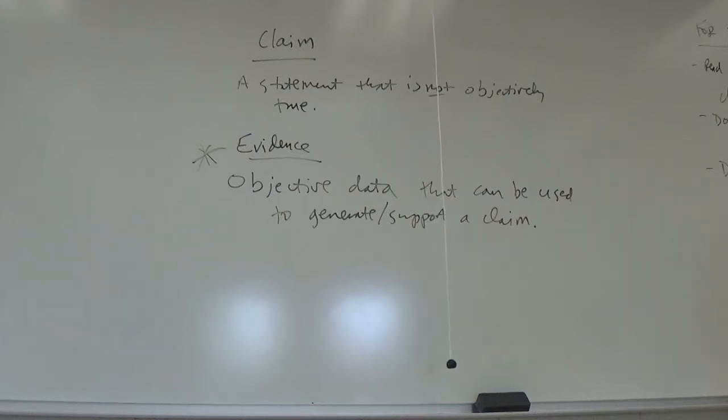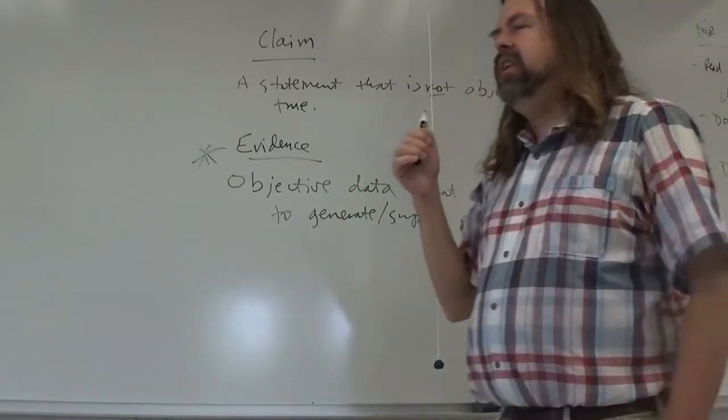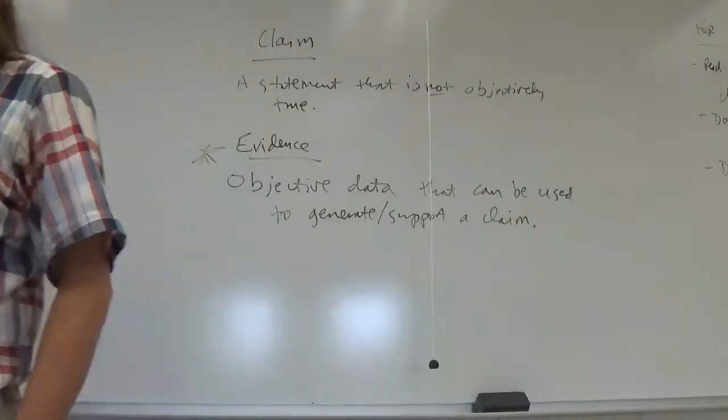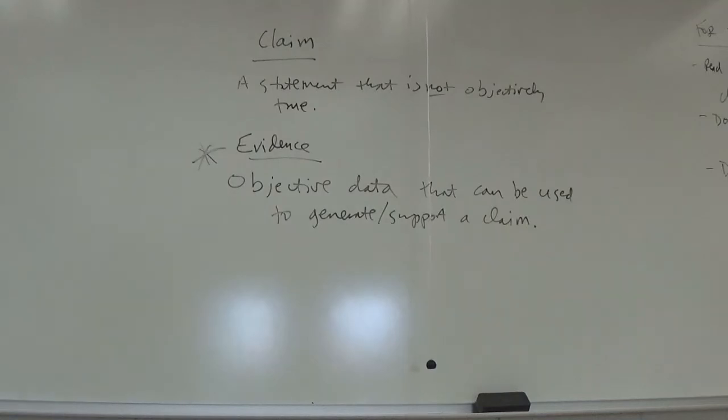If it's something that is not clearly true on its own without backing, then it's a claim, right? You may also have some sentences that don't seem to be either. Those probably belong to some kind of special category, which we'll talk about next time, right? But for our purposes for the homework, just focus on identifying claims and evidence, right? So any questions about that?